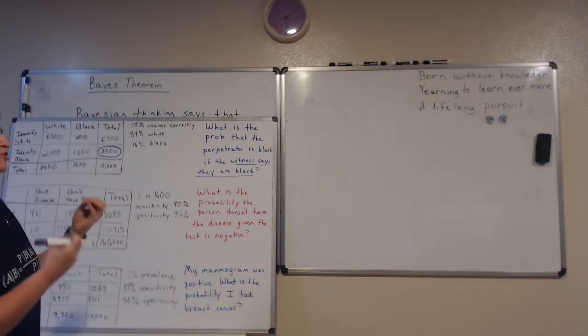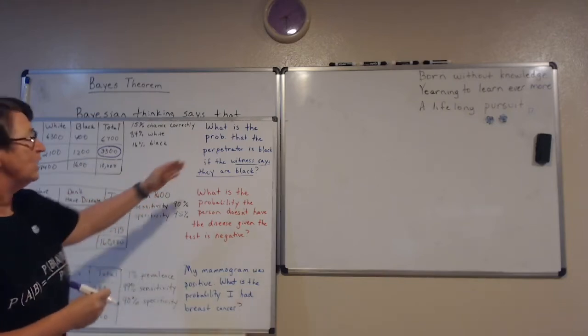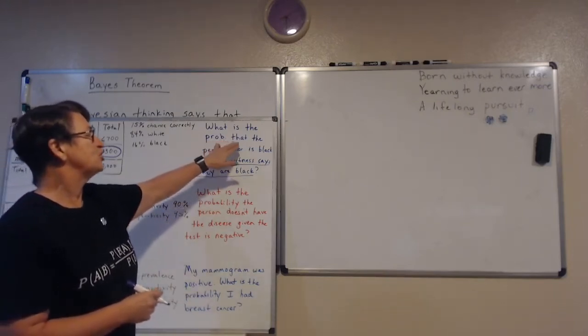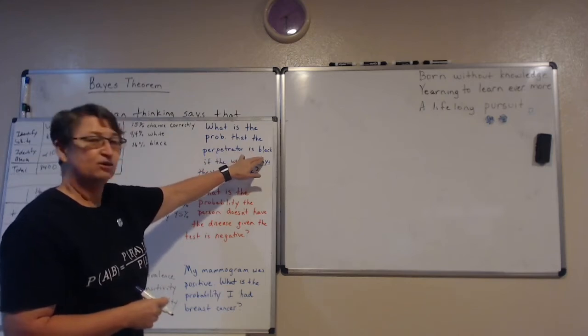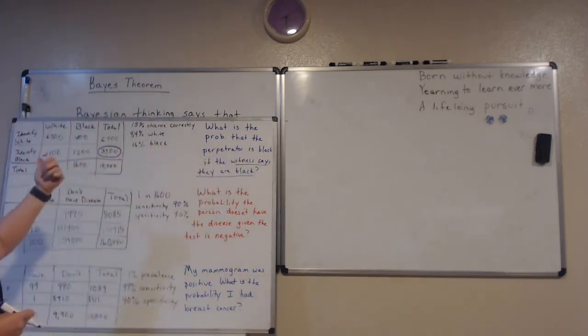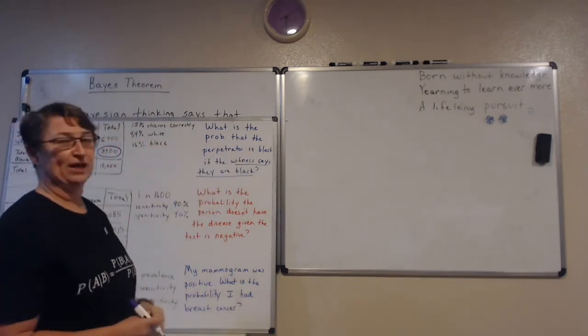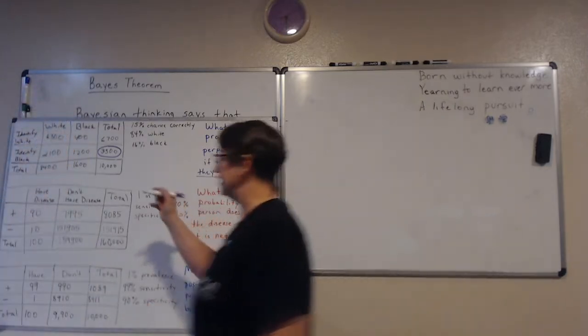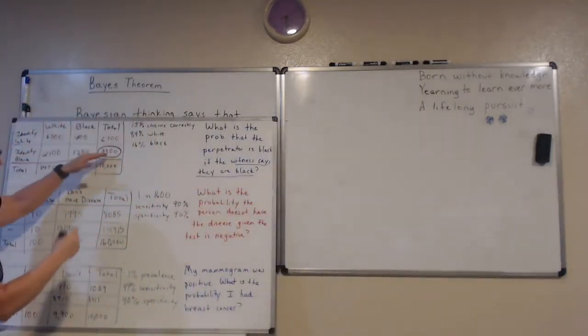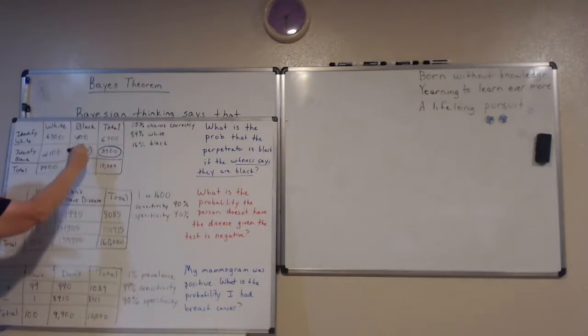Then I want to know from that what's the probability that they actually are black. So which number am I going to use for my numerator? Good. I'm going to use these that are identified black and are actually black. That's going to be my numerator.